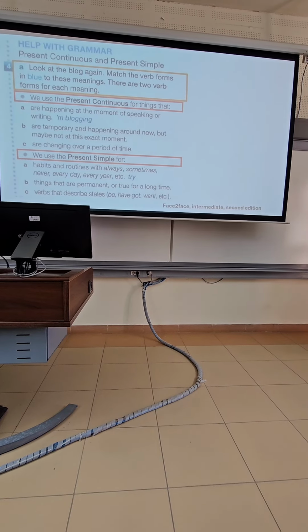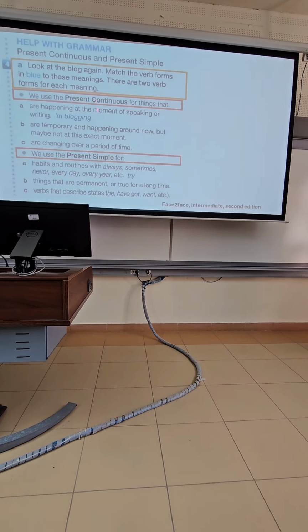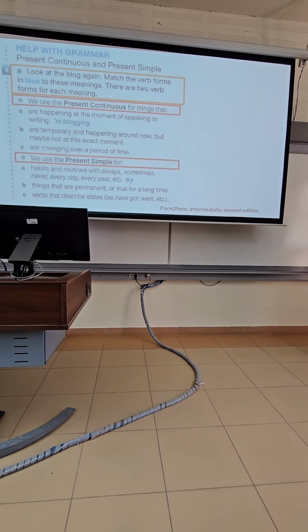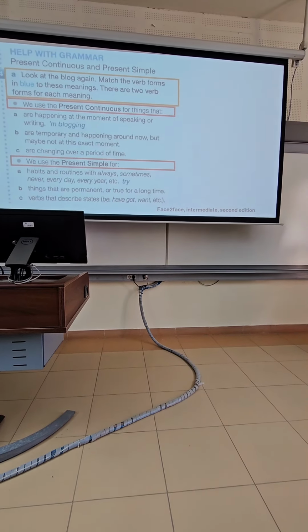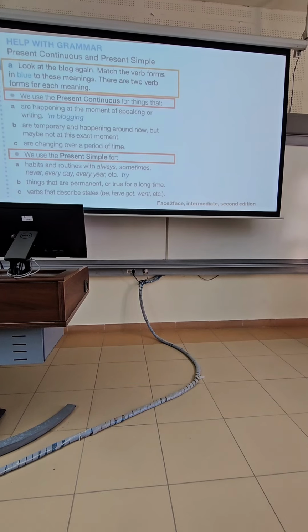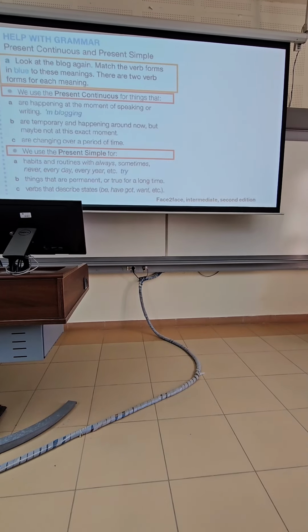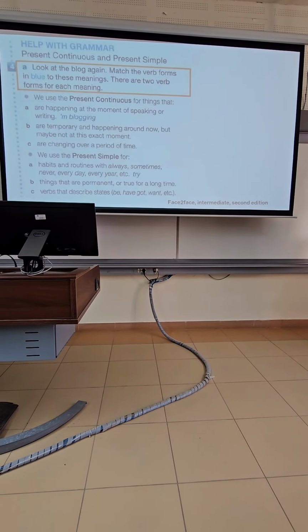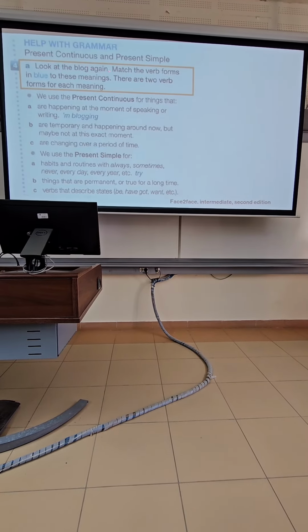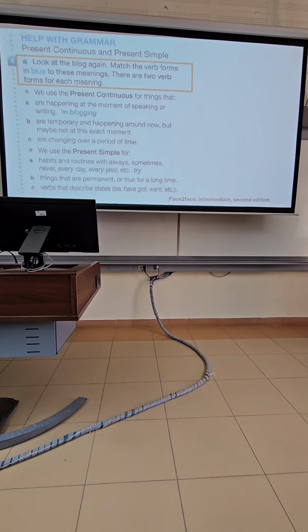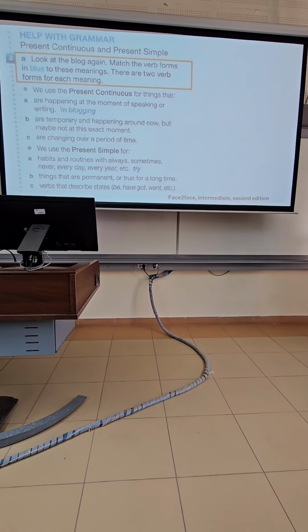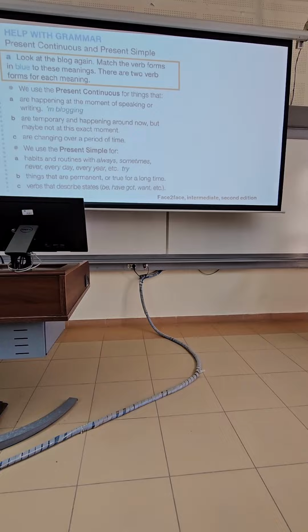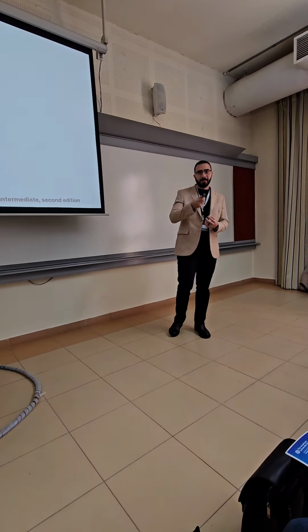How many tenses? 2. Present continuous and present simple. Now, did the task give them the meanings? Yes. And what are they supposed to find? The function, the usage. Have a look at the instructions. The form, the meaning. So they're supposed to find some verb forms in the text and match them to the meanings. Exactly.